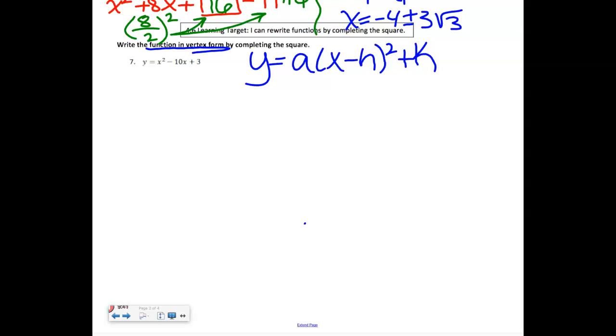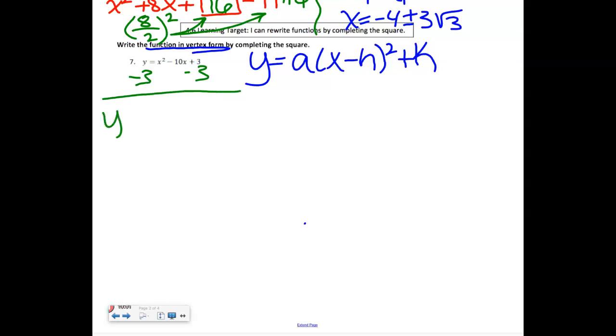X squared, is it ready to go? Yeah, there's nothing on our x squared, so it's ready to go. So now, what is my first step? Subtract the 3. We need to have a blank on that other side. So I'm going to subtract 3.